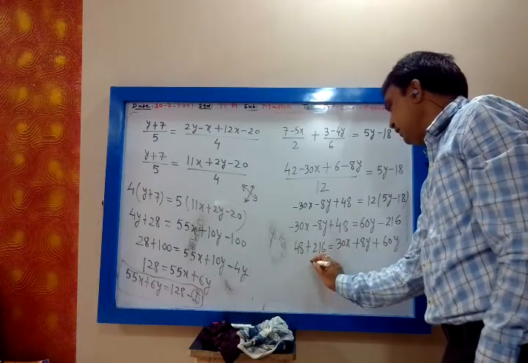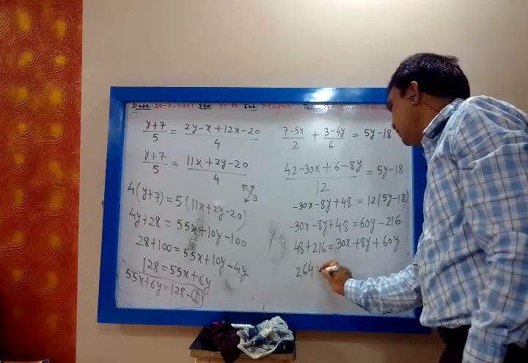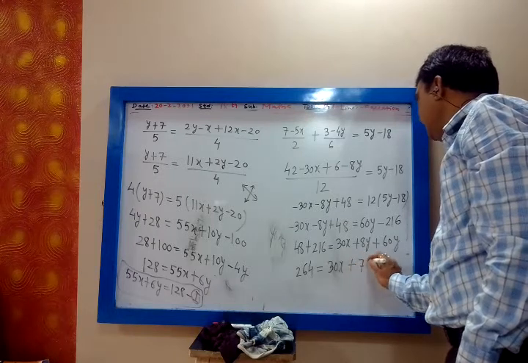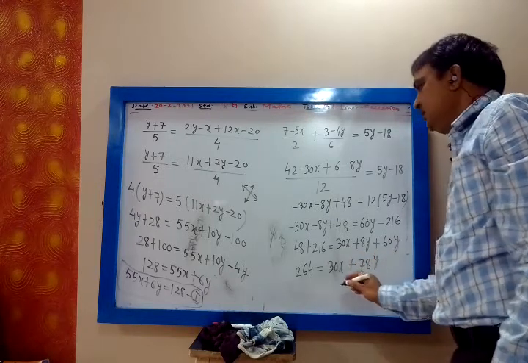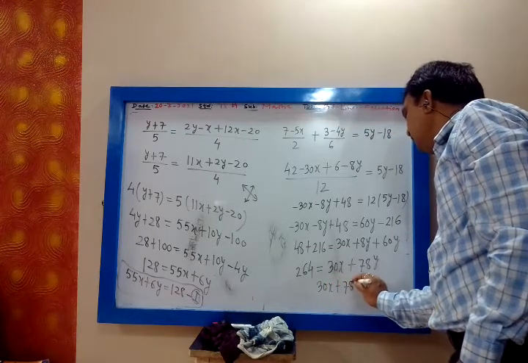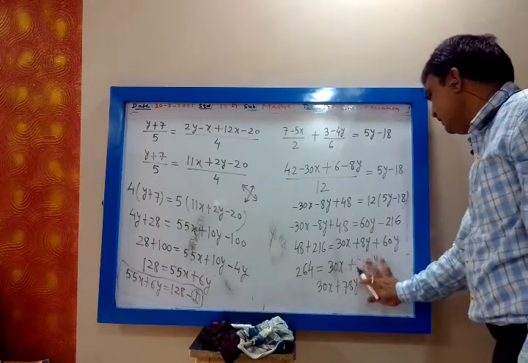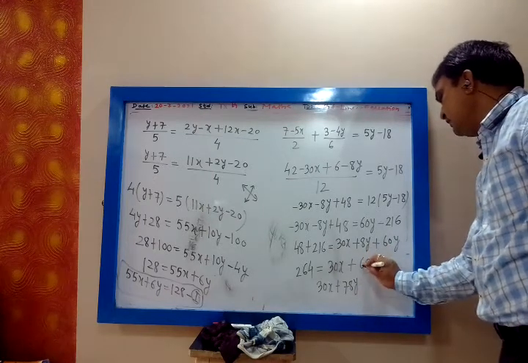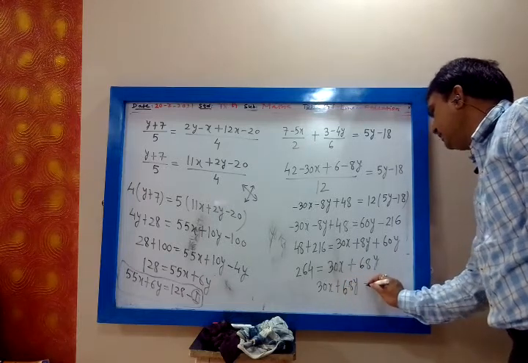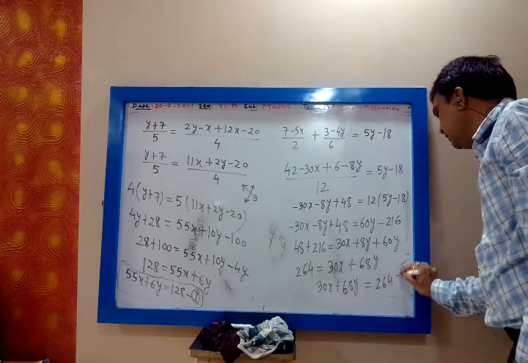So 264 is equal to 30x plus 68y. Yes. So 30x plus 68y is equal to 264. This is my equation number 2.